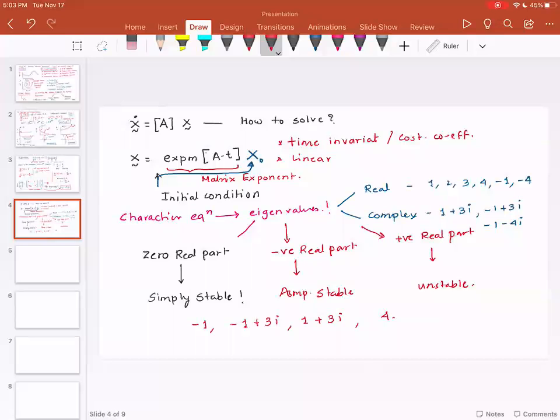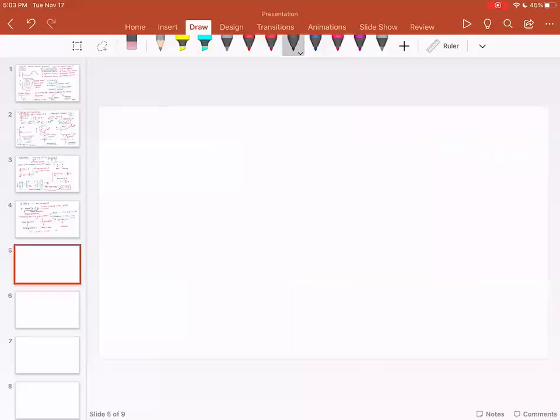So these are the eigenvalues I have. It is customary to show the eigenvalues on a complex plane where you have the real part of the eigenvalues, which are called lambdas, here, and the complex or imaginary part of the eigenvalue here.